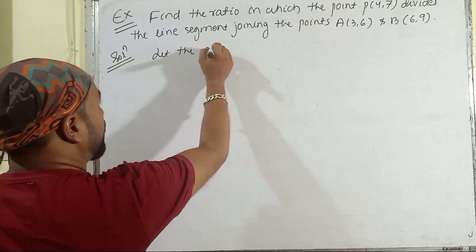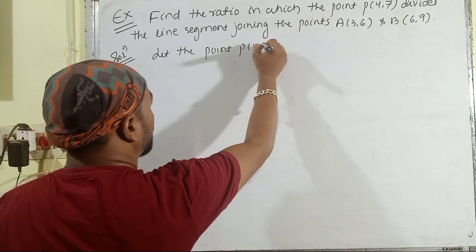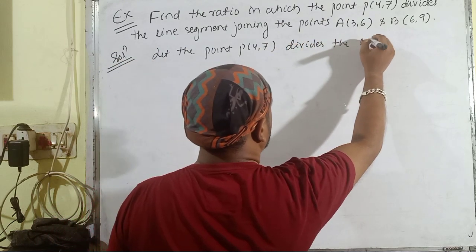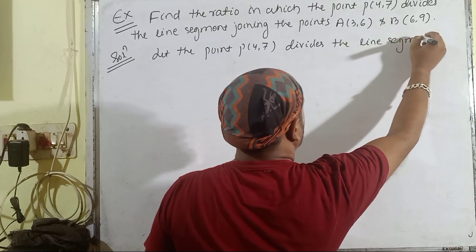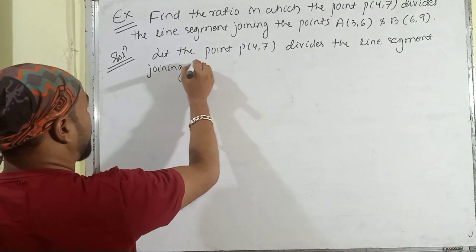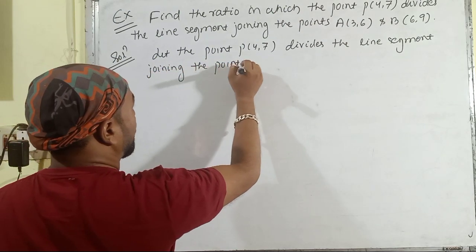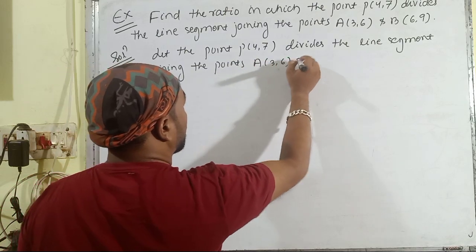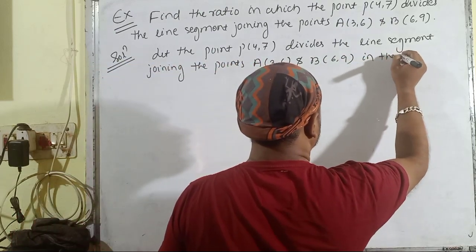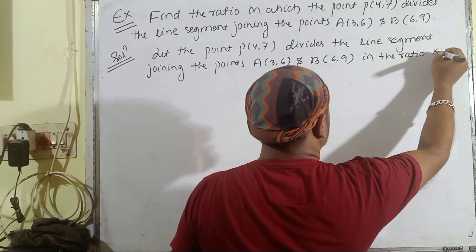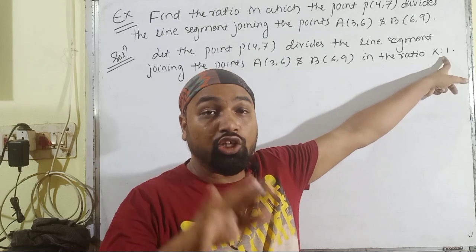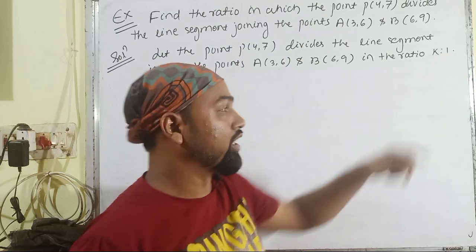Let the point P(4, 7) divide the line segment joining the points A(3, 6) and B(6, 9) in the ratio k is to 1. So from this k is to 1 we have to determine the ratio as well as the case of internal or external division.